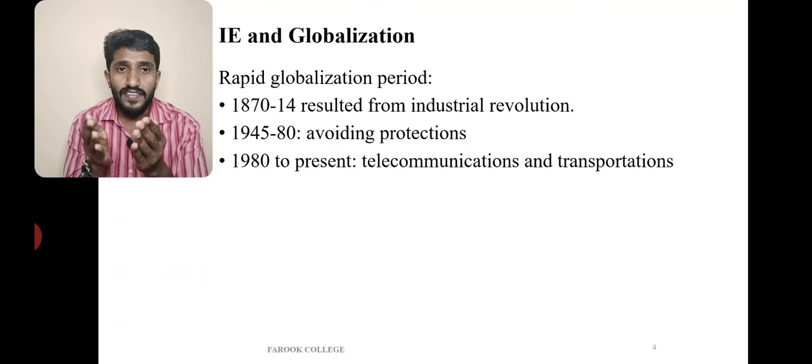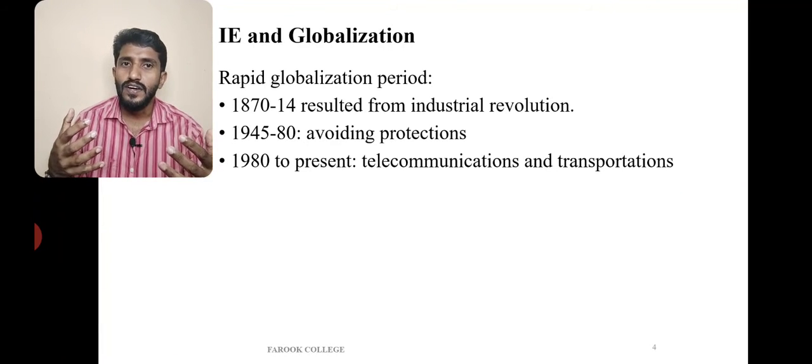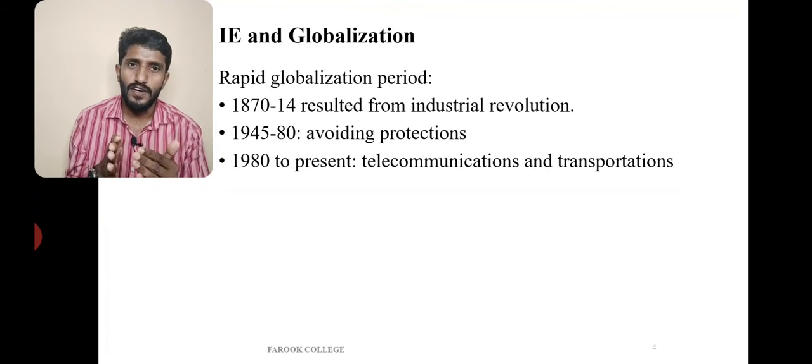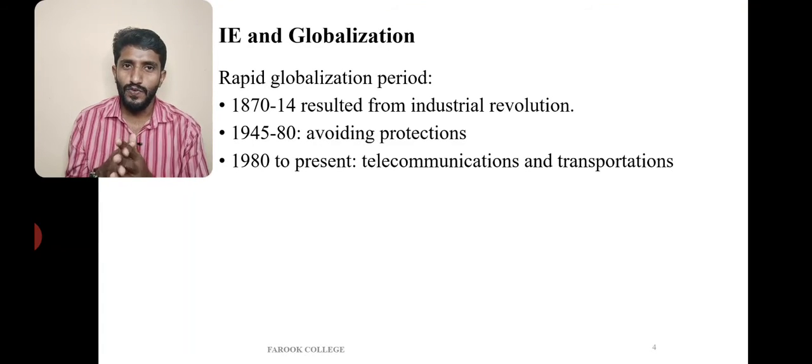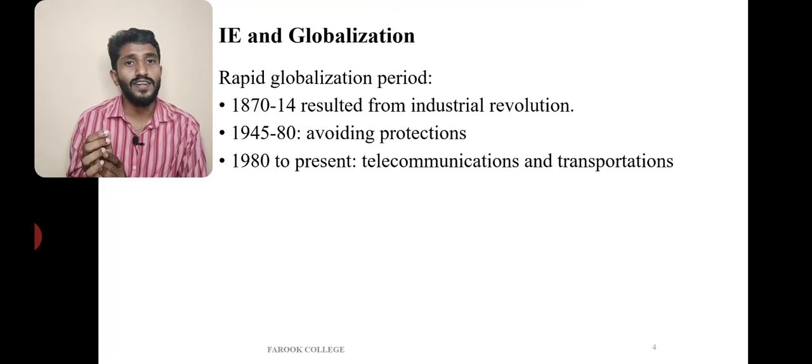It was a result of the industrial revolution. The second period was 1945 to 80. Why 1945? It was after the Second World War. From the First World War to the Second World War, 14 to 45, there was so much chaos and so many problems in the economy. And also in the 1930s, the Great Depression happened.